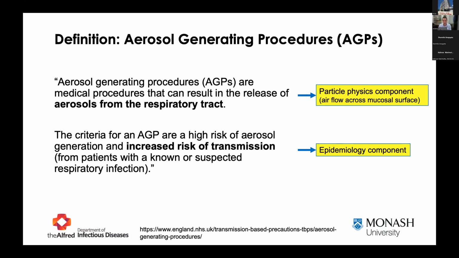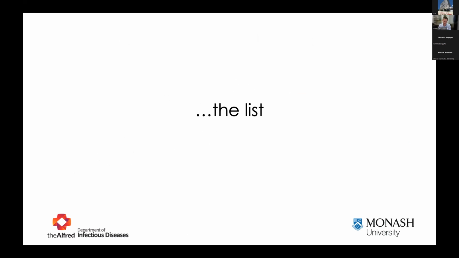So I suppose there are two components there to emphasize, and this will, I think, be relevant later on. One is the generation of aerosols, but the other is that there must be an increased risk of transmission associated with those aerosols.